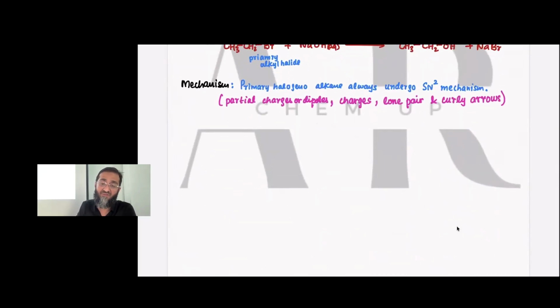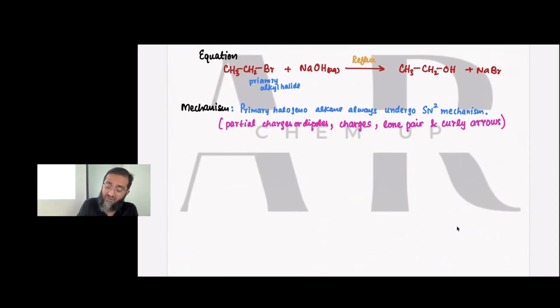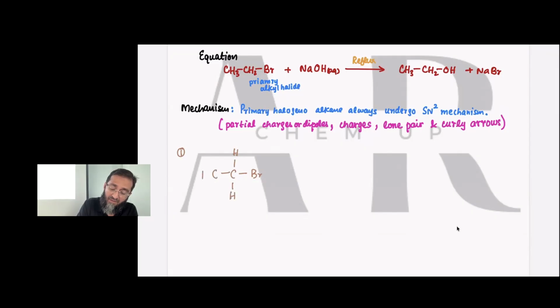So now let's move to the mechanism. For example, this is a primary halogenoalkane. So how does this molecule turn into a product? First, what you are going to do? You are going to make the halogenoalkane.